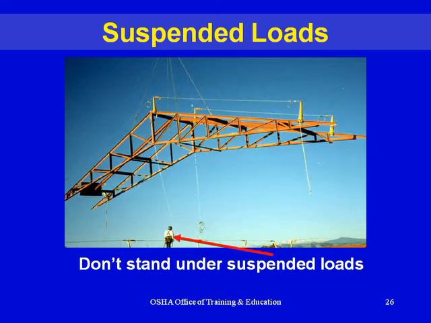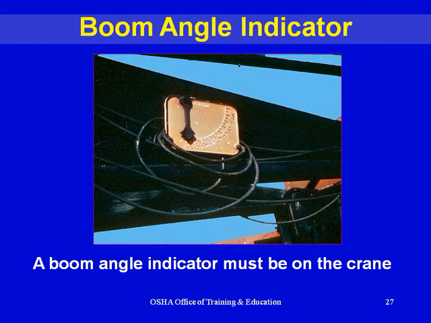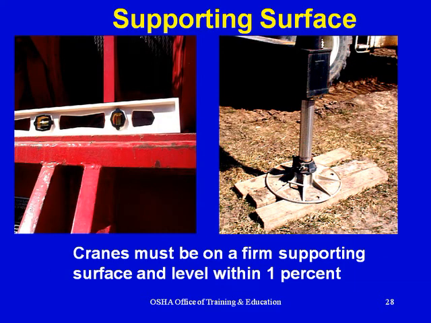Don't stand under suspended loads. Example shown. Boom angle indicator. A boom angle indicator must be on the crane. Supporting surface. Cranes must be on a firm supporting surface and level within 1%.